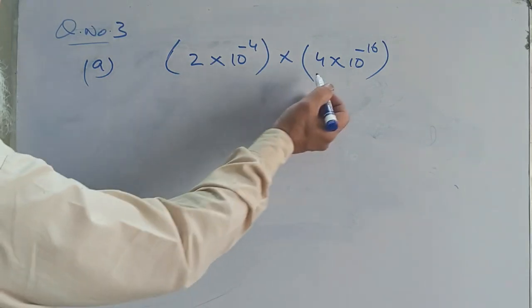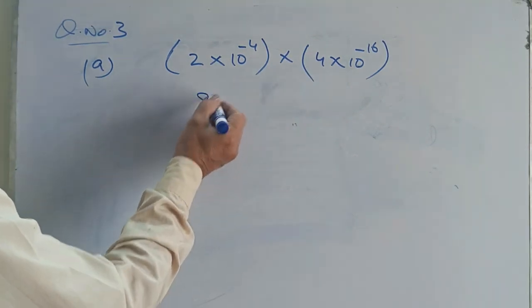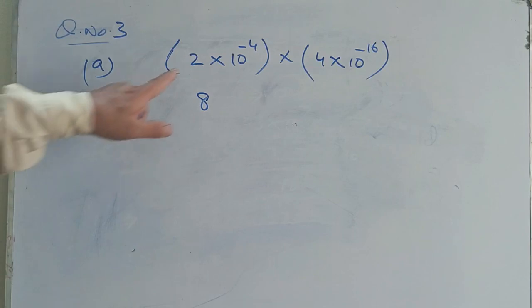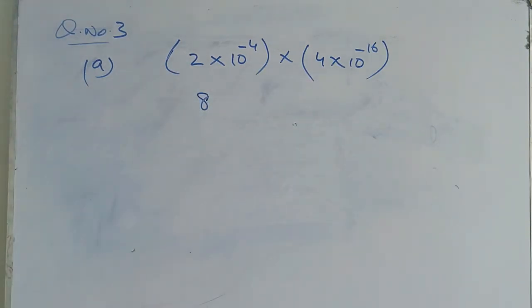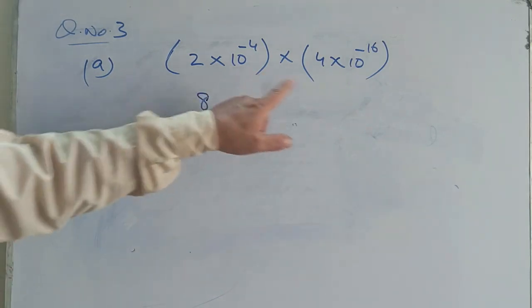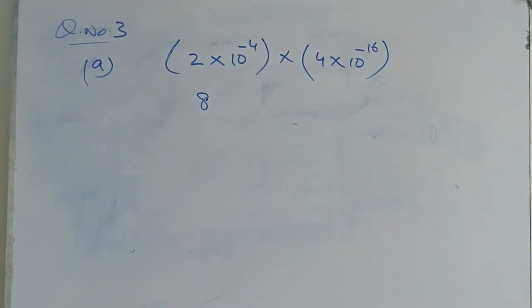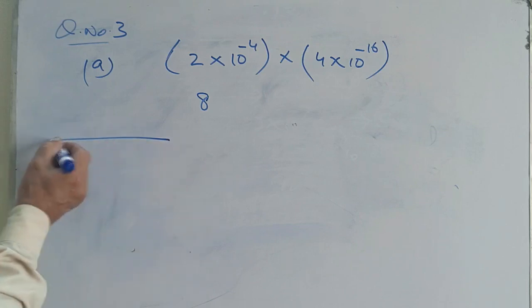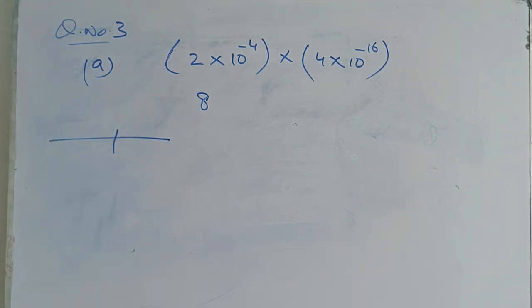Now 2 multiplied by 4 is 8. And when there are powers with the same base, now both bases are 10, then we will add these powers.